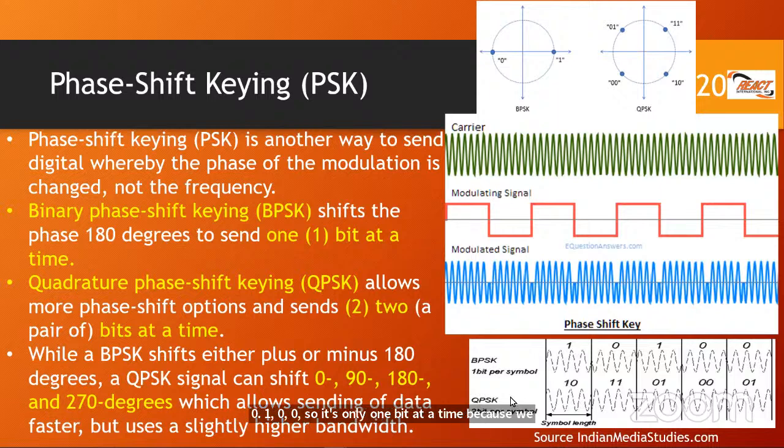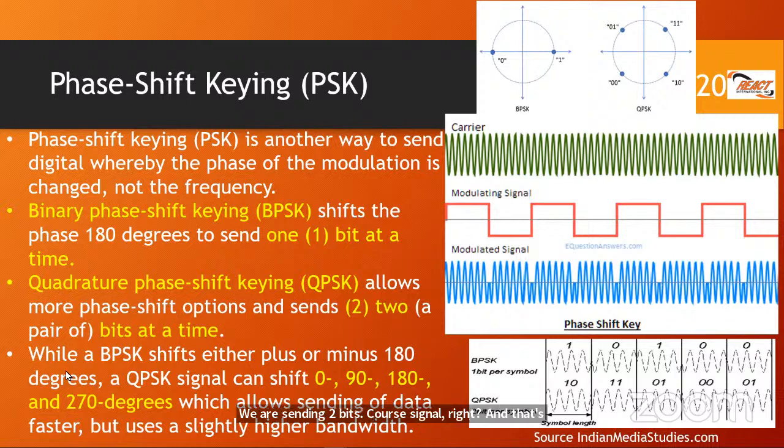But if we were to use QPSK, quadrature phase shift keying, we can send 2 bits per symbol. So we're sending a 1, 1, a 0, 1, 0, 0, 0, 1, and so on. We are sending 2 bits per signal, and that's the bullet point here; it's an exam question.